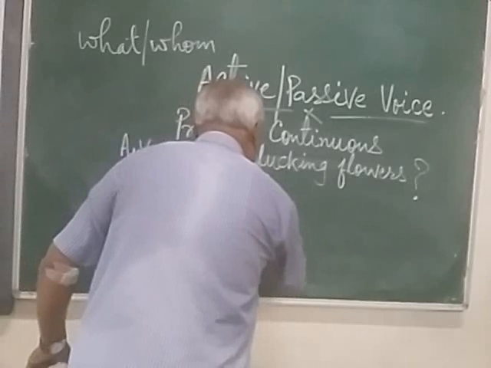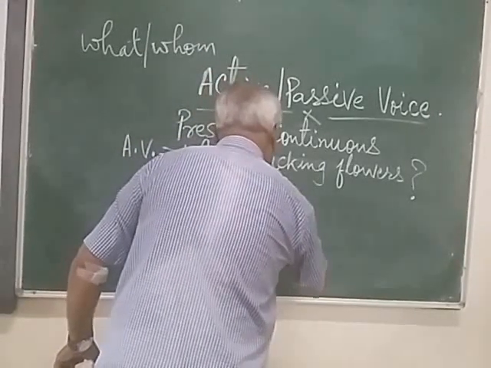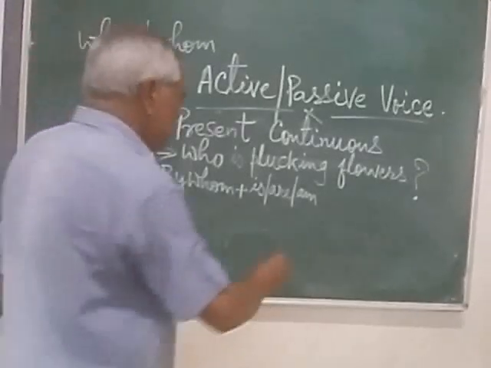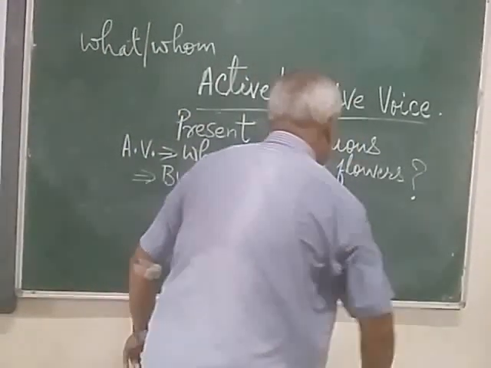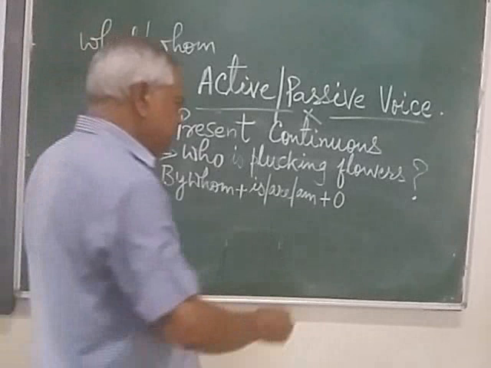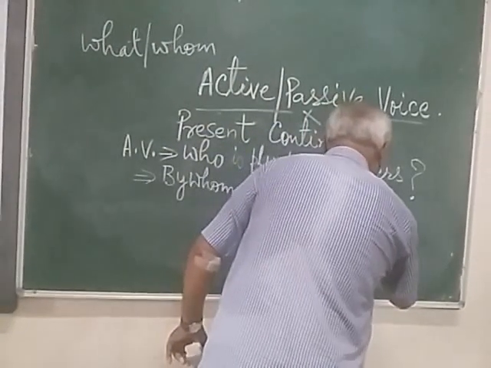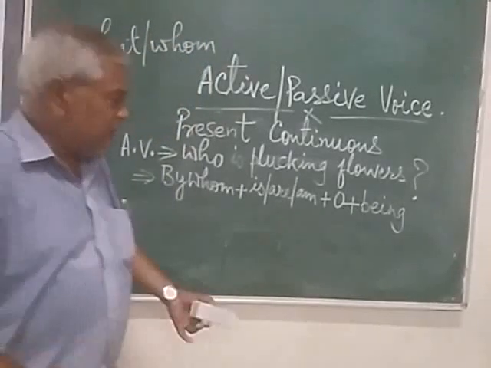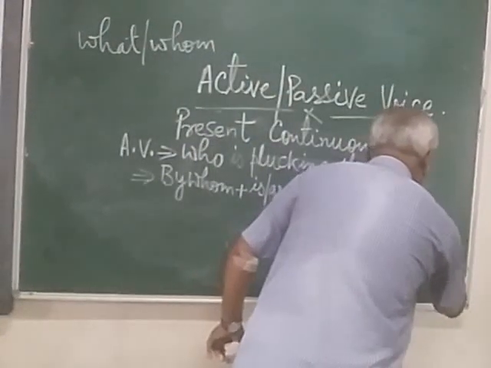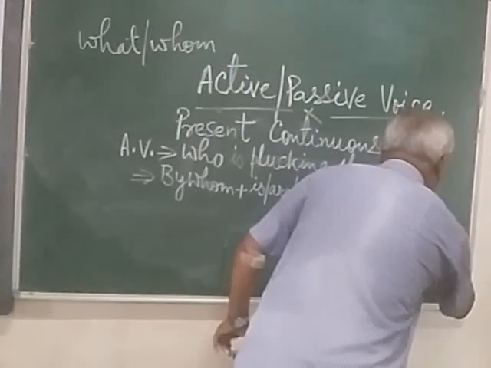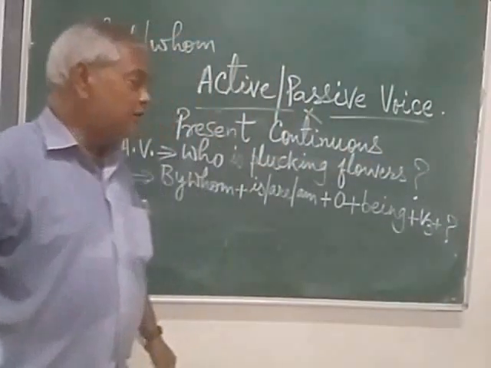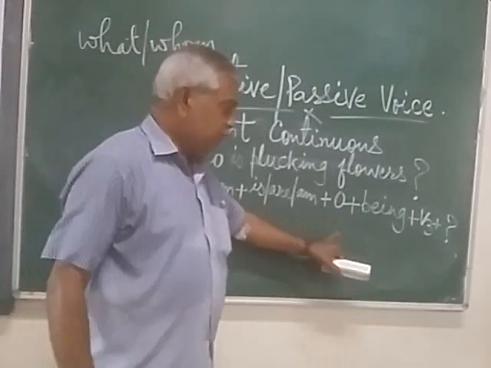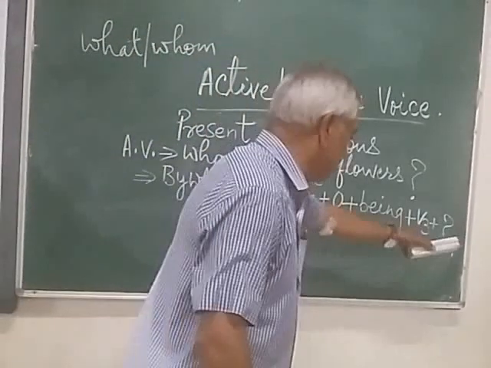Thereafter is, are, then after object, then after the word being, then after V3, and at last the question mark. By whom is, are, object, being and V3.